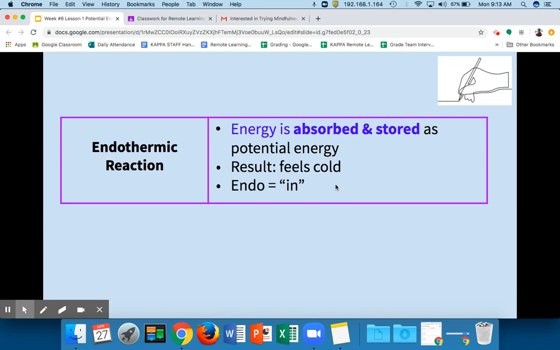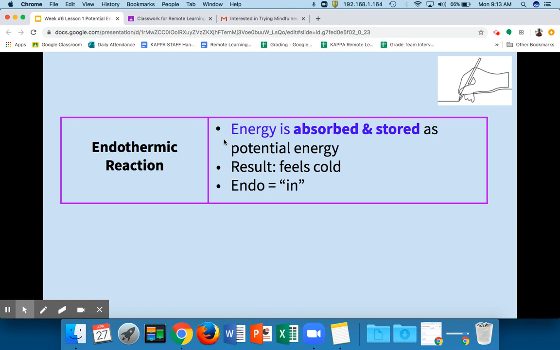So, two concepts that were covered in the video under enthalpy were endothermic and exothermic reactions. Enthalpy is the change in energy during a chemical reaction, and there are two types of changes. The first one is endothermic, where energy is absorbed and stored as potential energy in the bonds of a chemical.